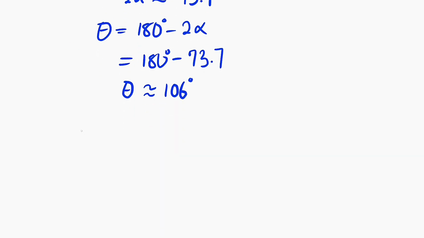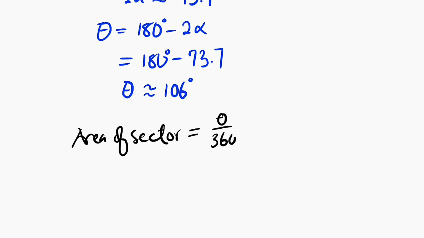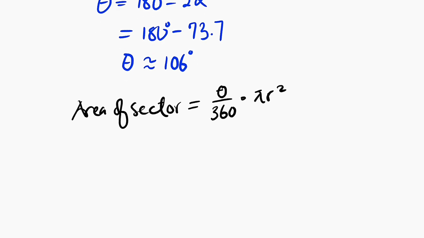So the area of a sector is equal to theta divided by 360 multiplied by pi r squared. Theta is now 106.